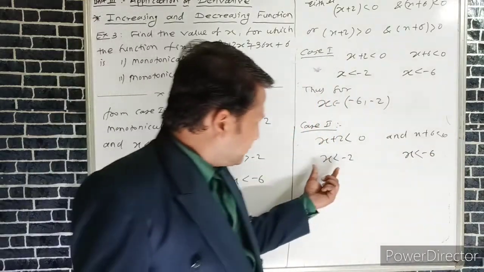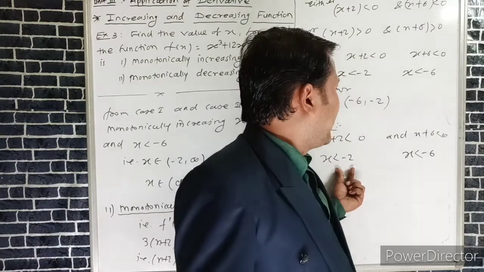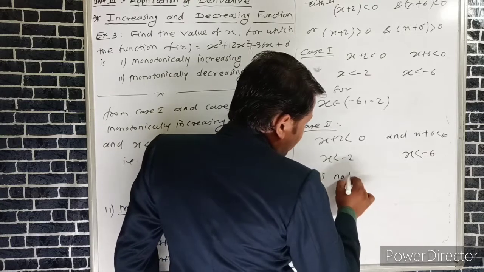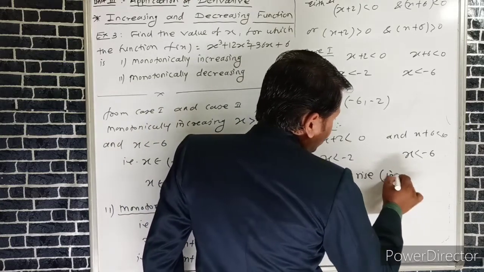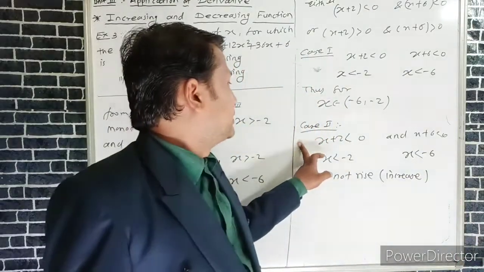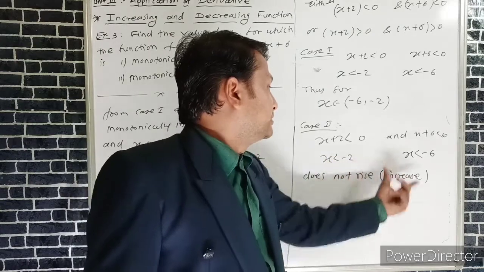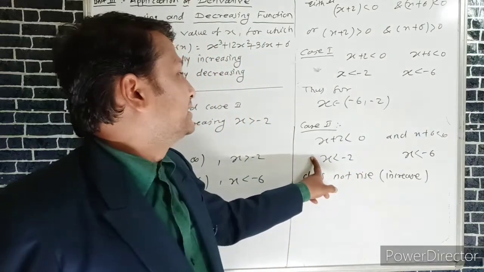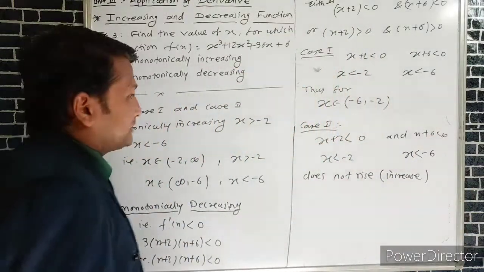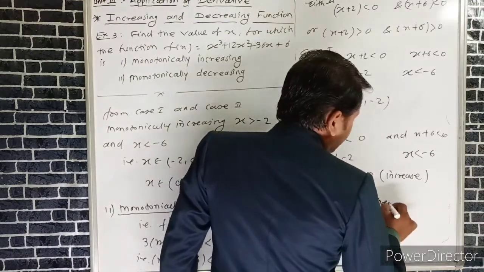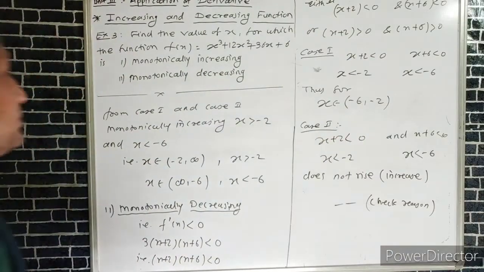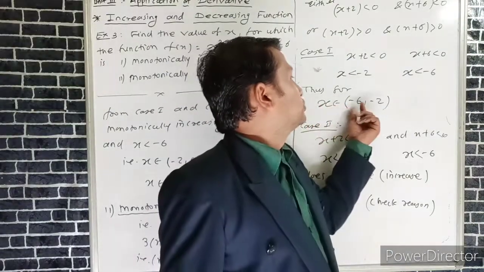Here the value of x does not rise, so the function is not increasing. You can check the reason: the function is monotonically decreasing when x belongs to minus 6 to minus 2.